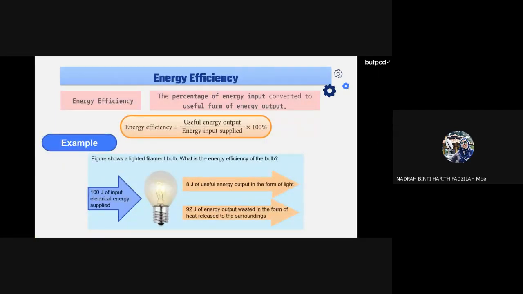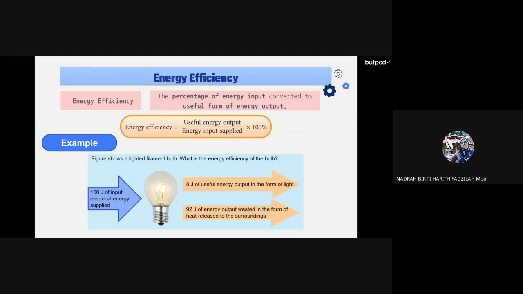So what you labelled just now is an energy efficiency label, which is defined by the percentage of energy input converted to a useful form of energy output. So that is the formula lah. For example, when 100 joules of input electrical energy is supplied to a filament bulb, only 8 joules of useful energy is produced in the form of light.